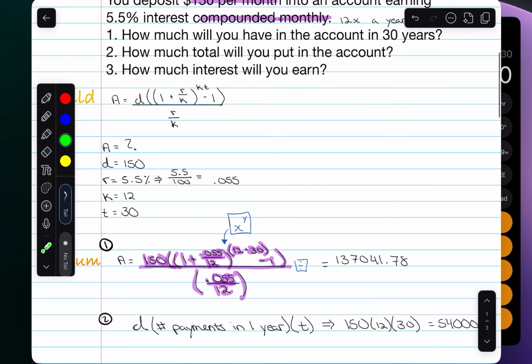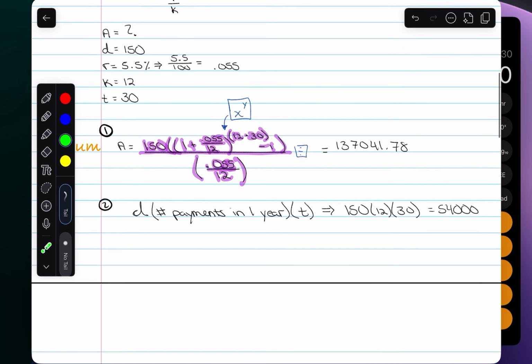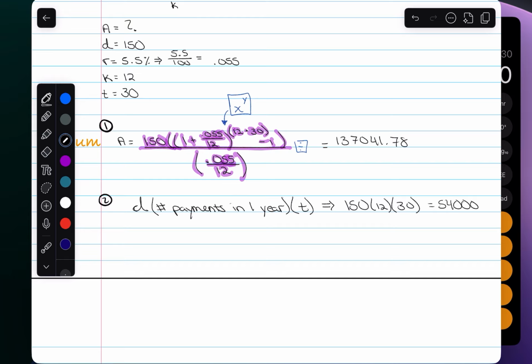That's what leads us to question 3. How much interest will you earn? So if you want to know interest, interest is equal to the amount in your account, so your A from your problem 1 from your formula, A minus total paid.